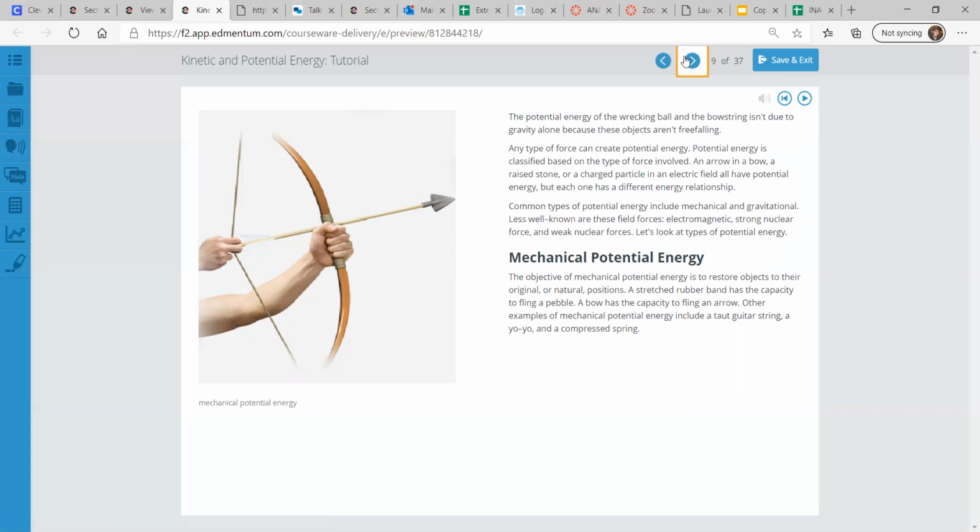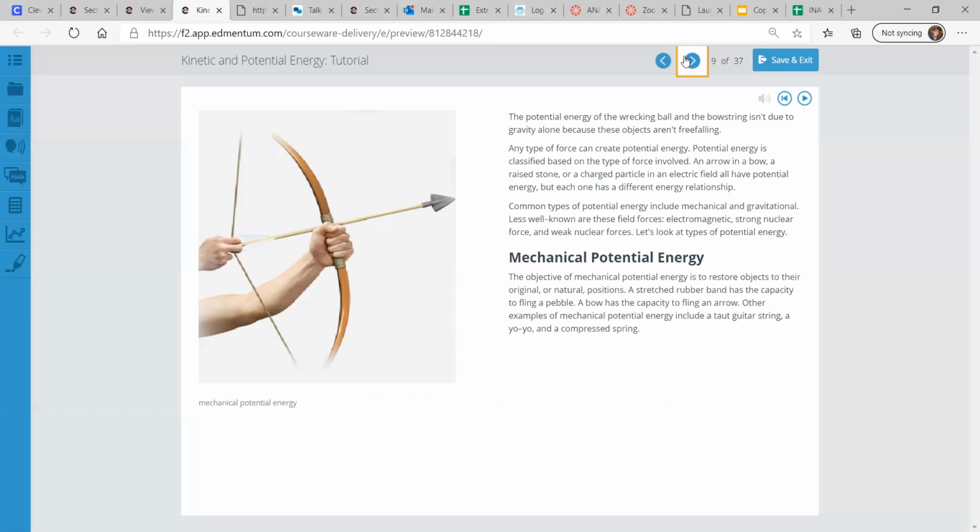The potential energy of the wrecking ball or the arrow, the bowstring, isn't due to gravity alone, because these objects are not free falling. Any type of force can create potential energy, and it's classified based on the type of force involved. An arrow in a bow, a raised stone, or a charged particle in an electric field all have potential energy, but each one has a different energy relationship.